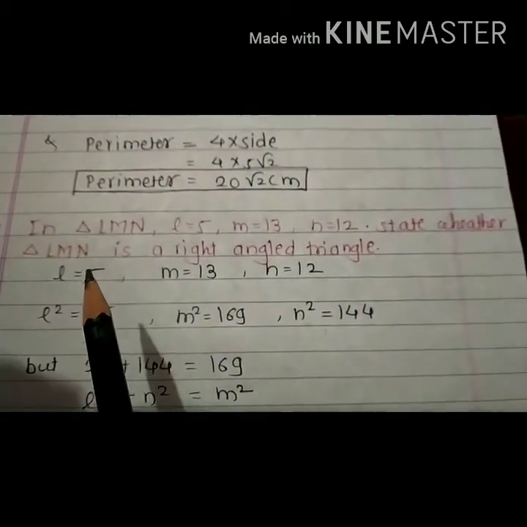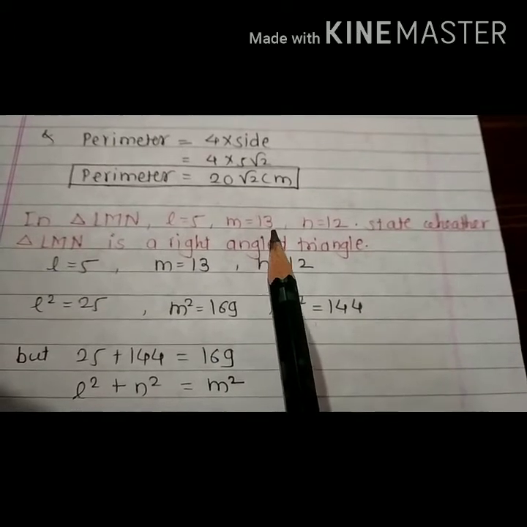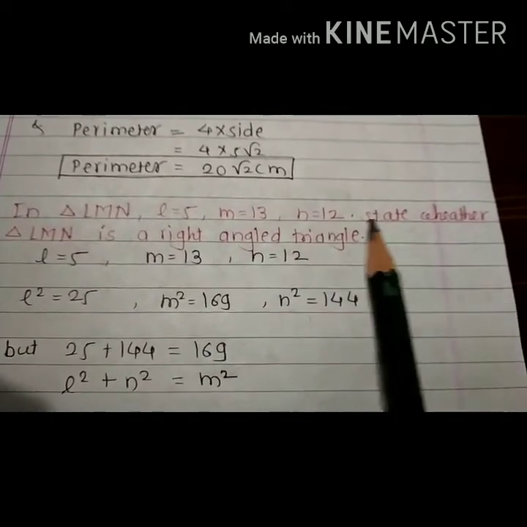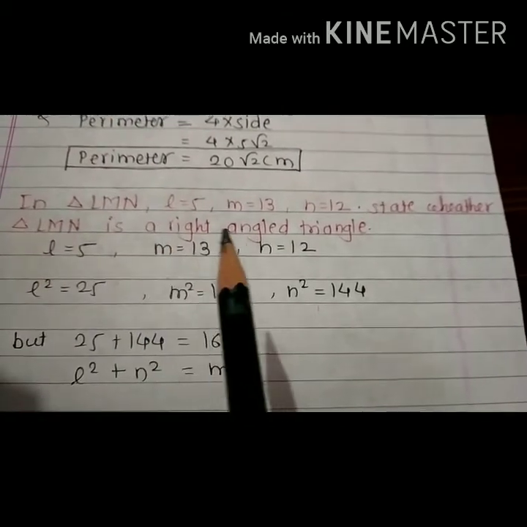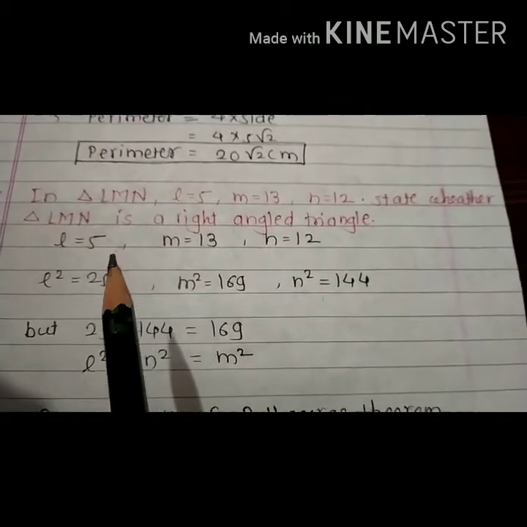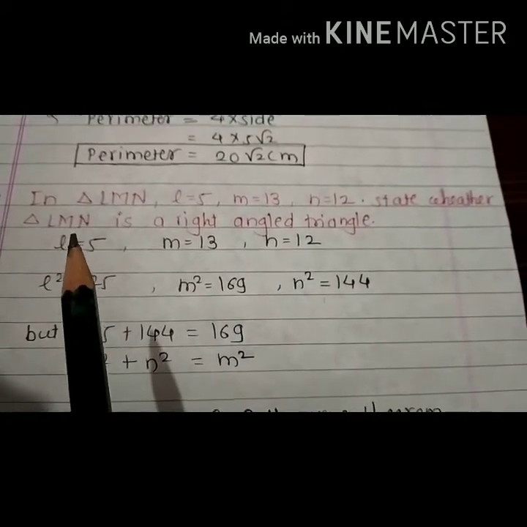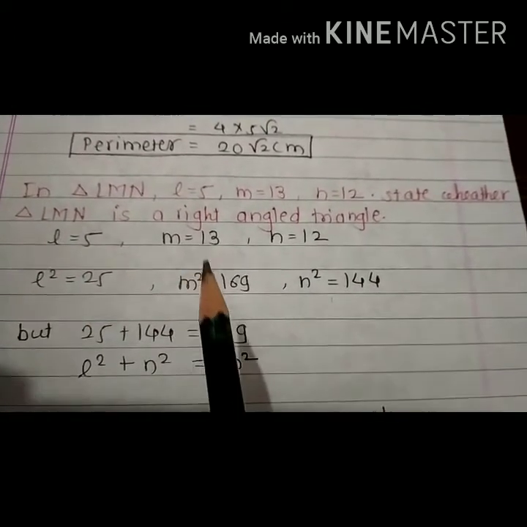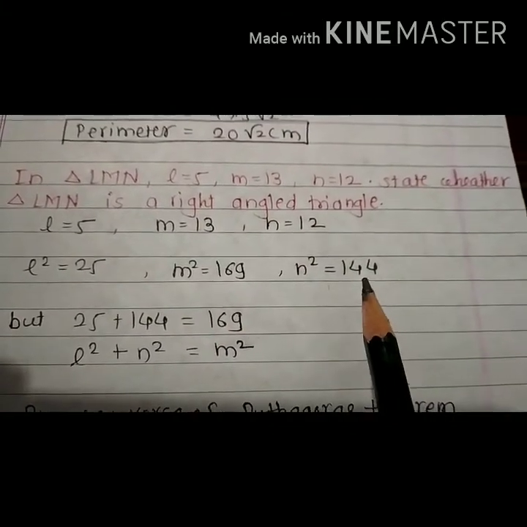Next, in triangle LMN, L is equal to 5, M is equal to 13, N is equal to 12. State whether triangle LMN is a right angled triangle. Here the lengths are given. First we do the squares. L square is equal to 25, M square is equal to 169, N square is equal to 144.